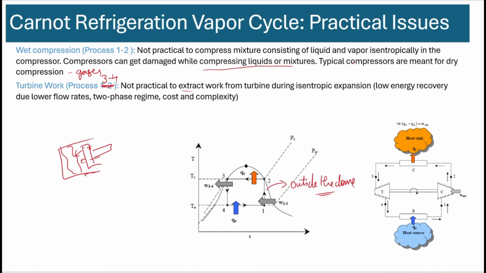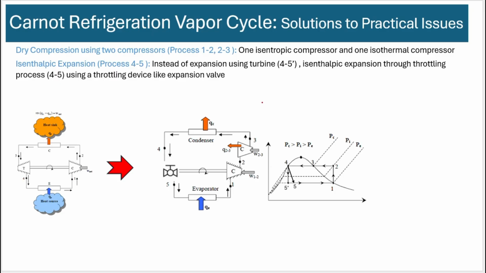So how do we create an actual vapor compression cycle? Now, to solve the two practical issues mentioned, what we could do is for the process 1, 2, we change that process, move that process to be outside the dome. By the way, this is a TS diagram. Move that process outside the dome, and then we replace it with one isentropic compression.